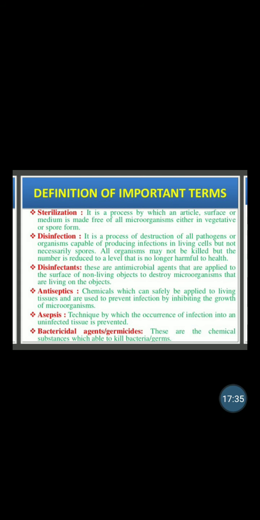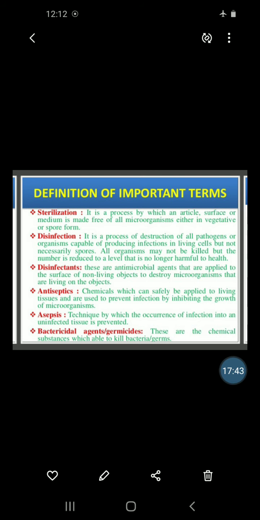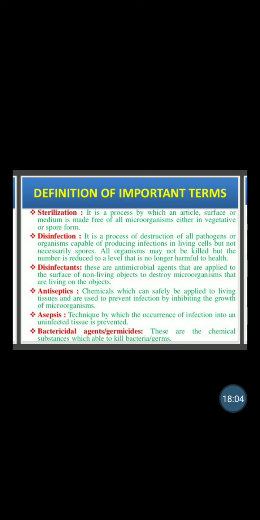Next, that is red heat. In this procedure, the articles, meaning the objects which are to be sterilized, are exposed to flame till they become red hot.